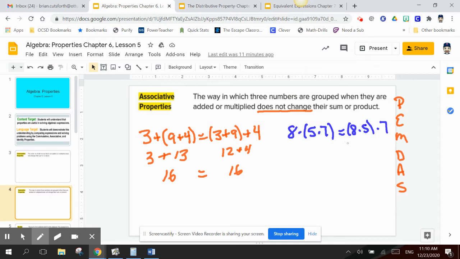So when we multiply these, 8 times 5 is 40. 40 times 7 is 280. 5 times 7 is 35. And 35 times 8 is 280. Notice that it doesn't matter which way they are grouped. The sum and products are the same.